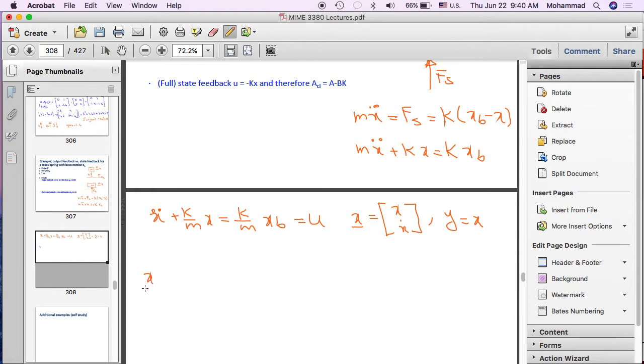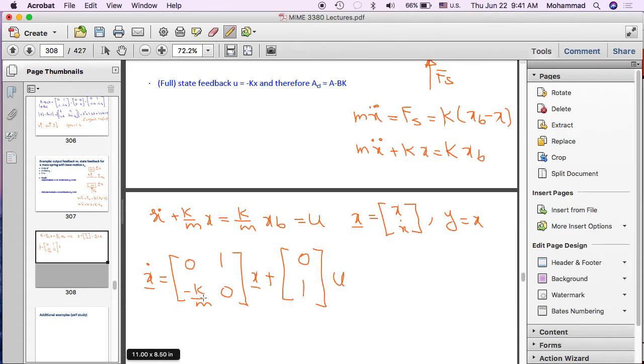So x dot is equal to [0, 1; minus k over m, 0] times x, oh, I'm sorry, I forgot to put x in here, plus [0; 1] times u.